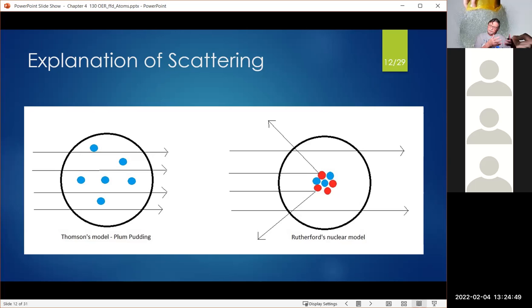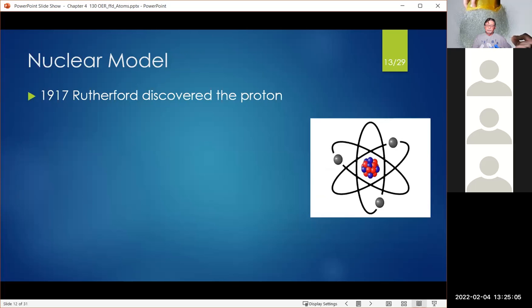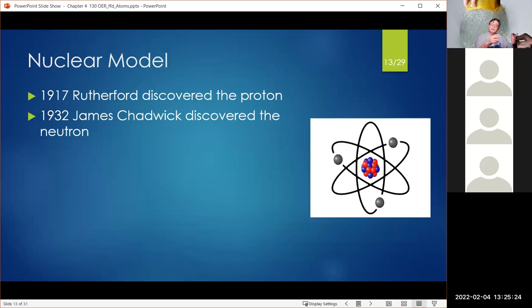And then based on Rutherford's data, suggesting that there's got to be something in the atom that's pretty hefty to cause those particles to be deflected, he proposed that there must be a nucleus, okay? A component that's a lot bigger than those particles. So he is credited with discovering what we now know as the proton / nucleus, because we find out later, not until the 30s, Chadwick actually discovered the neutron, okay?